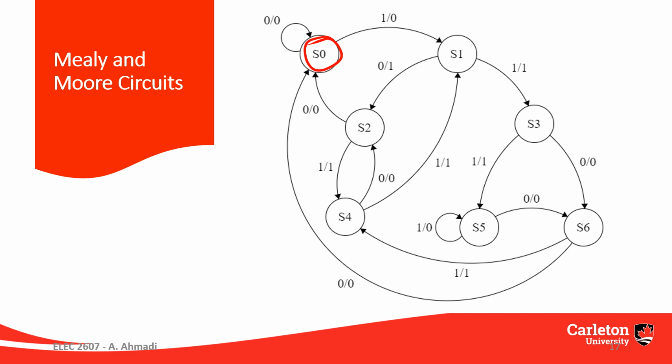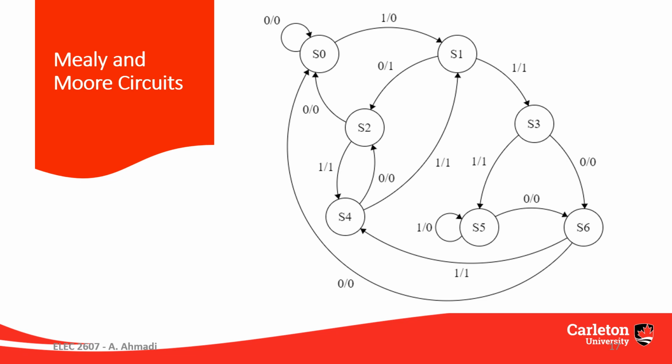If you're at S0, can you say definitely what your output is? If I'm at S0, I might have come here through this, which gives me an output of 0, or through this, which is output 0, or through this, which is output 0. So if you tell me my machine is right now at state S0, I can definitely tell you that your output is 0.